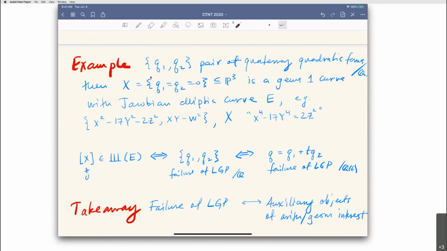In this case, the failure of the local-global principle for a quaternary quadratic form over a rational function field over the rational numbers is related to the existence of a non-trivial element in a Tate-Shafarevich group.